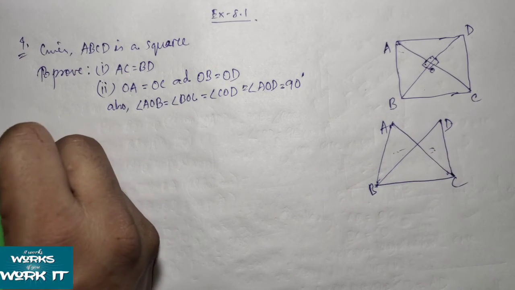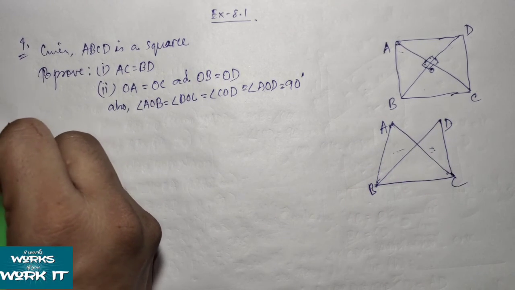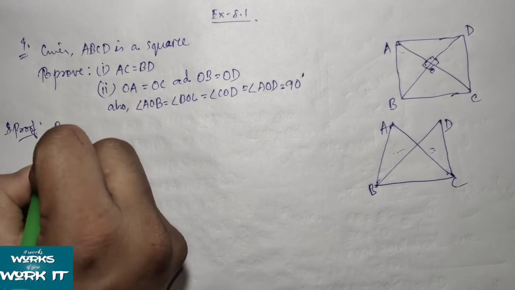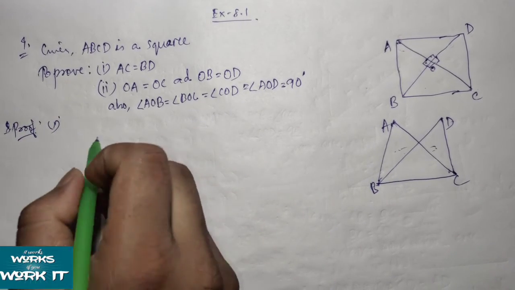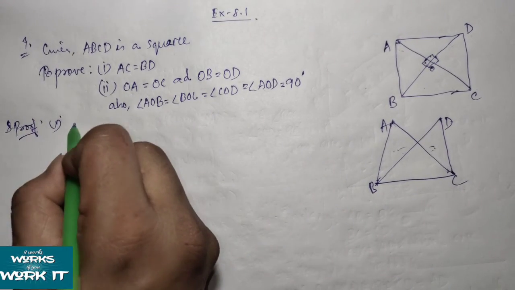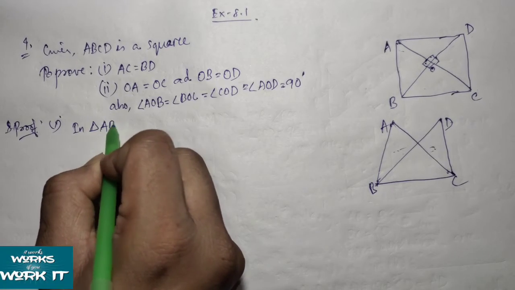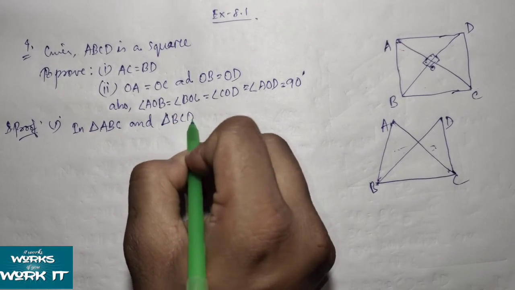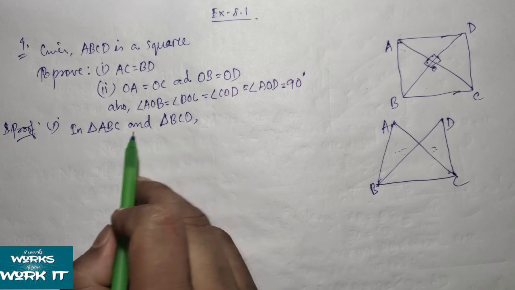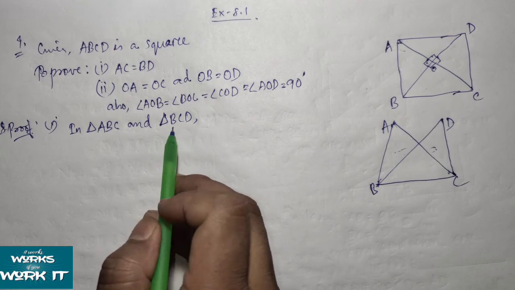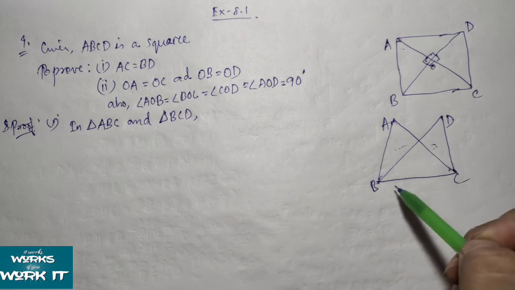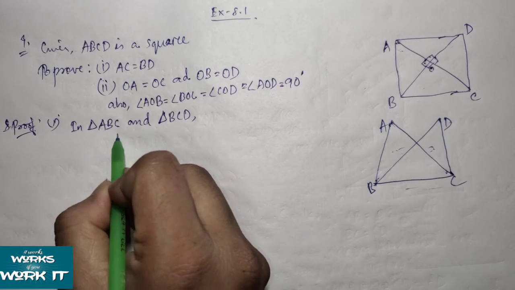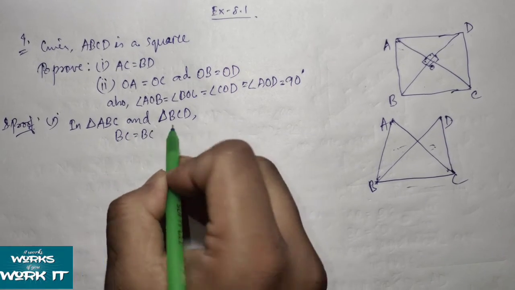Now we will prove it. Which triangles will we take? In triangle ABC and triangle BCD, we need three things to show congruence. First, BC I will take as a common side, and they will be equal.